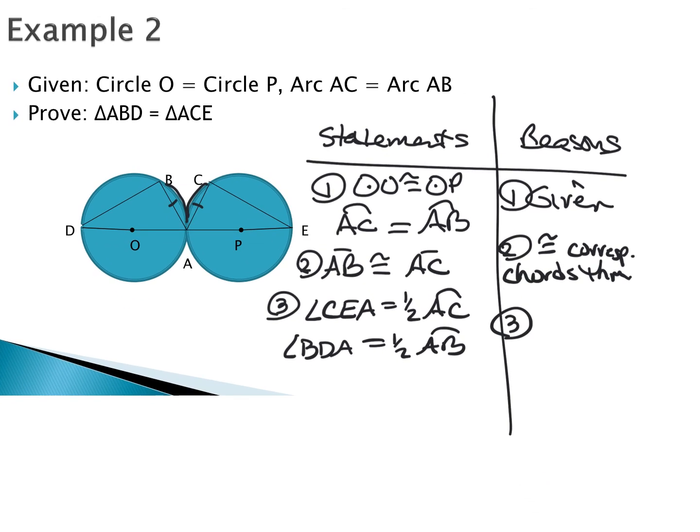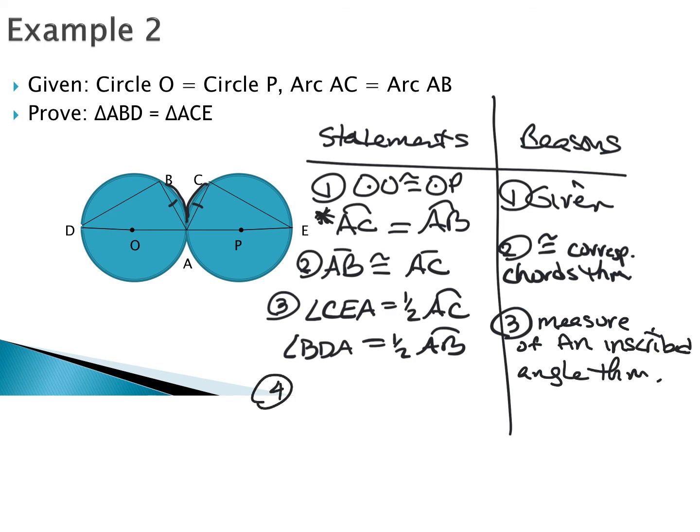And this was the measure of an inscribed angle theorem. Now, because I was told at the beginning that arc AC equaled AB, I'm going to do a substitution.